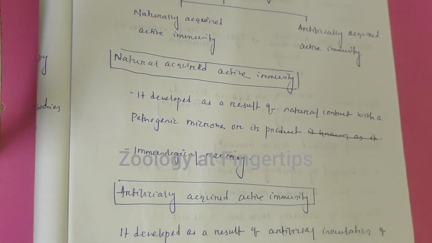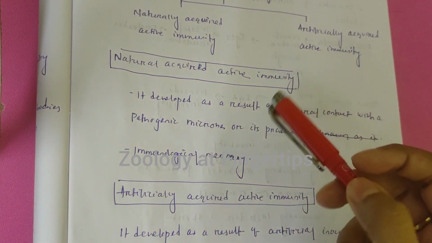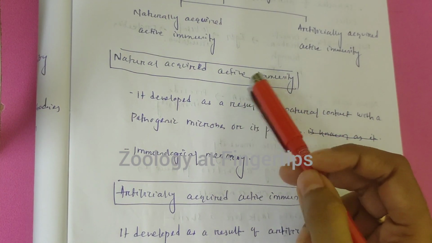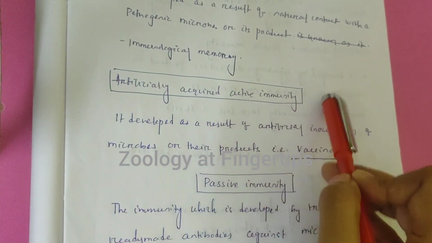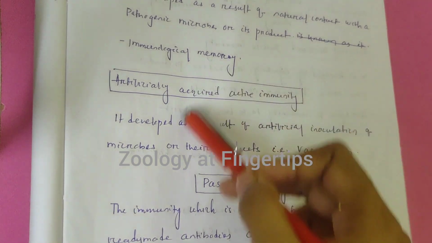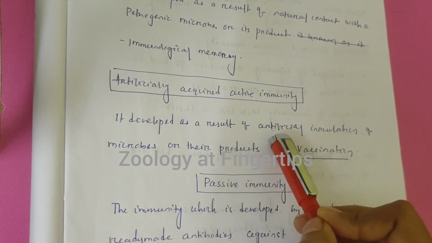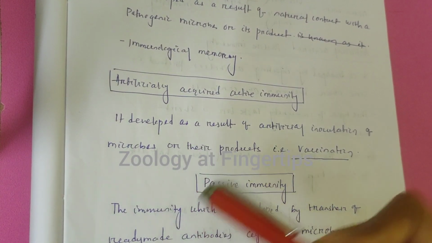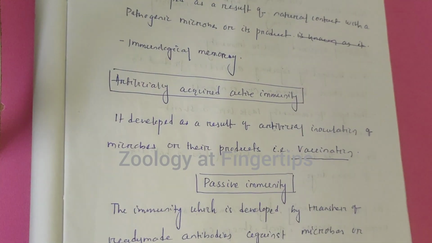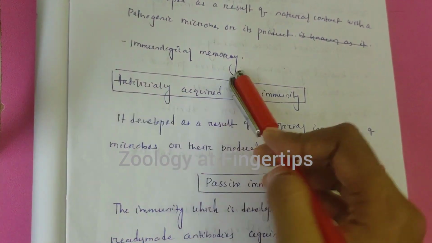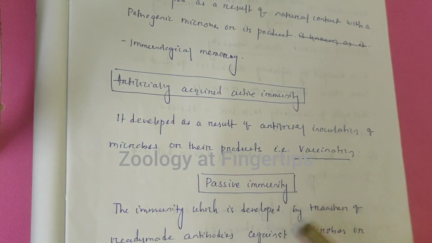In this case, our body's immune system plays an active role, so it is called active immunity. Then artificially acquired active immunity, in simple words, is developed by artificial inoculation of microbes or their product, simply known as vaccine. The process is called vaccination or immunization. This is called artificially acquired active immunity.